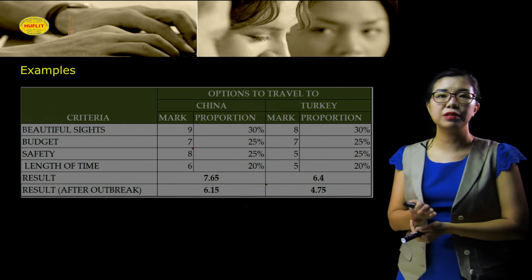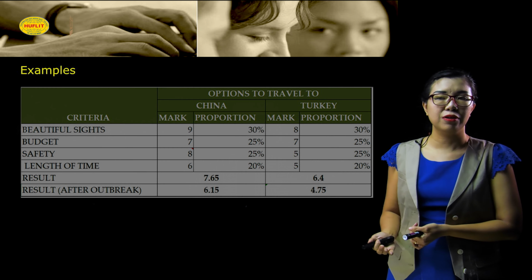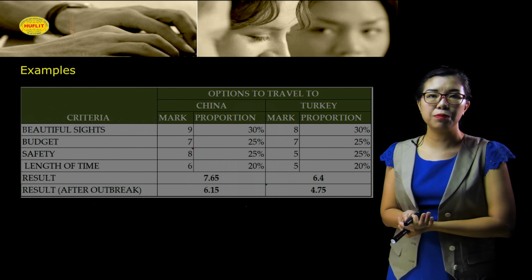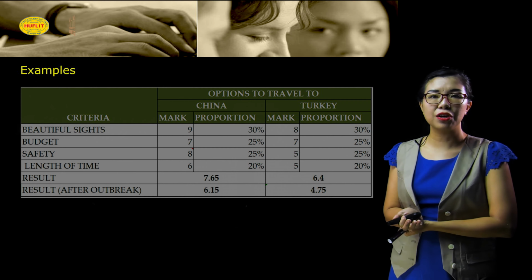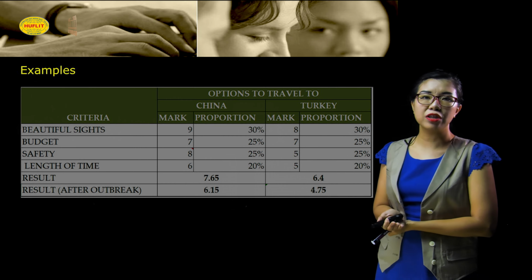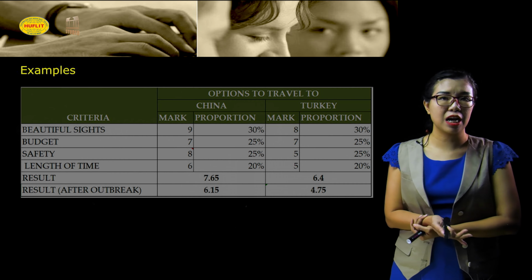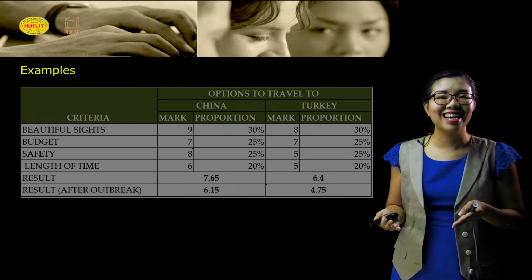I will give you 4 criteria to help you make a good decision. The first is the beautiful sites. The second is the budget. The third is the safety, and the fourth is the length of time.